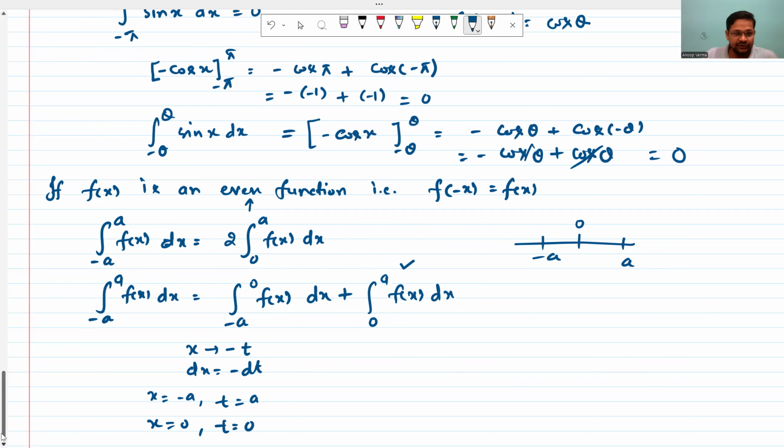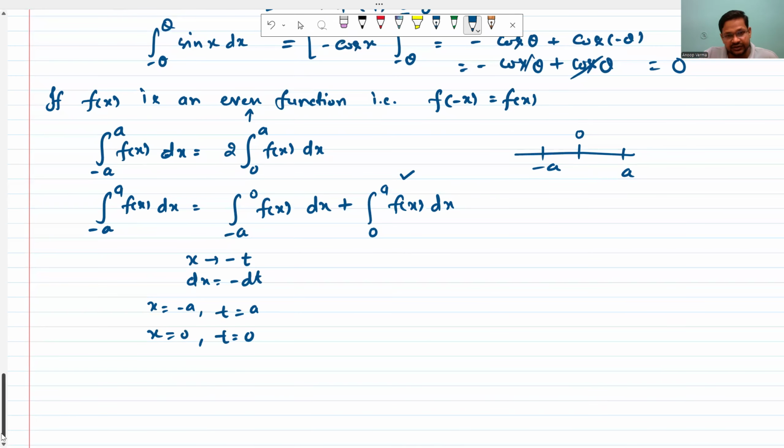So if you do this with the first term, you will get the integral from a to 0 of f of minus t, with dx equal to minus dt, and with this term we do not need to do anything.